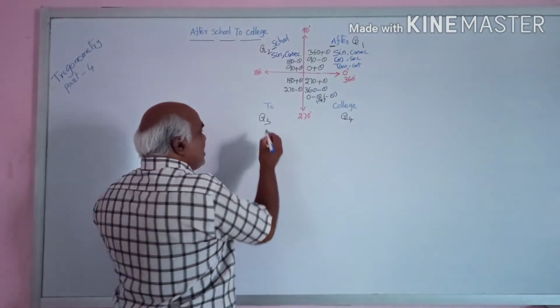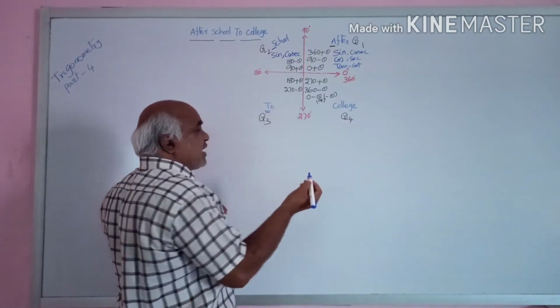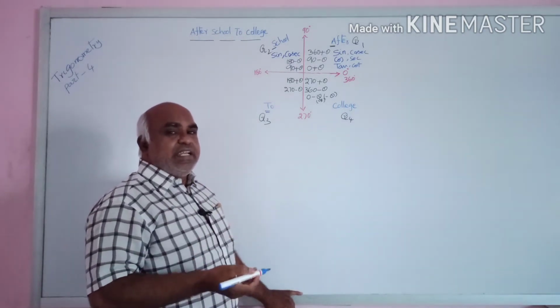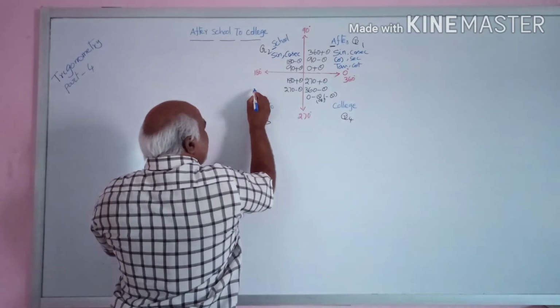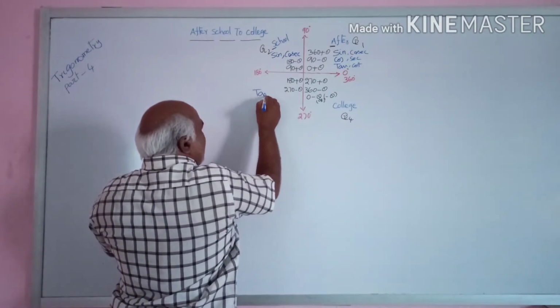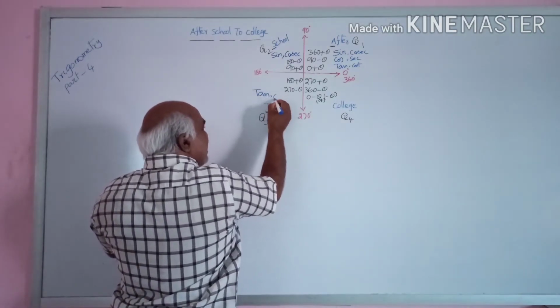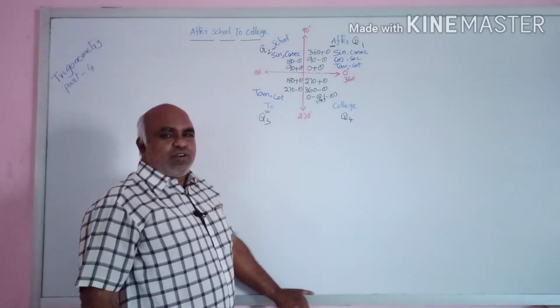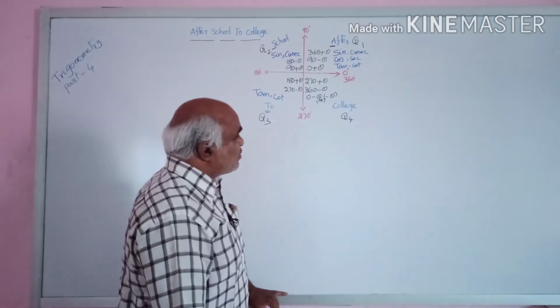Next, come to the T. T means the trigonometric ratio which starts with T. T means tan. What is the reciprocal of tan? Cot. These two ratios are in the third quadrant. Next, come to the fourth quadrant.